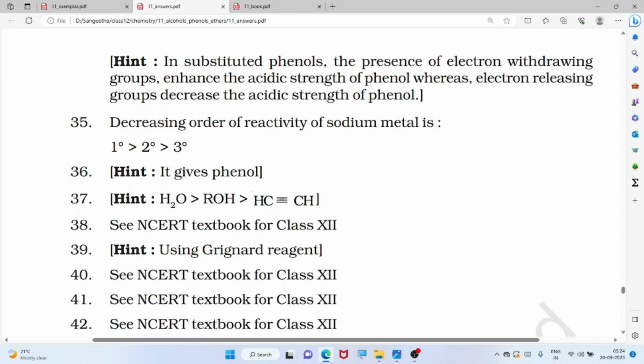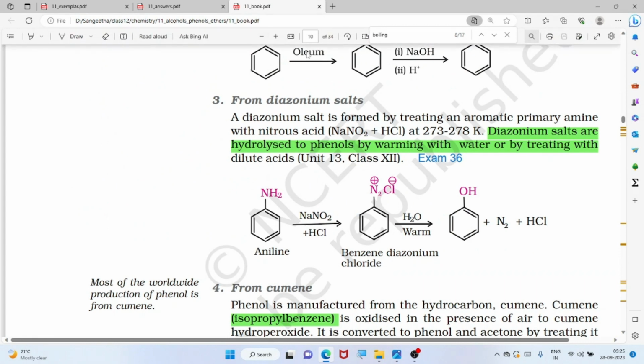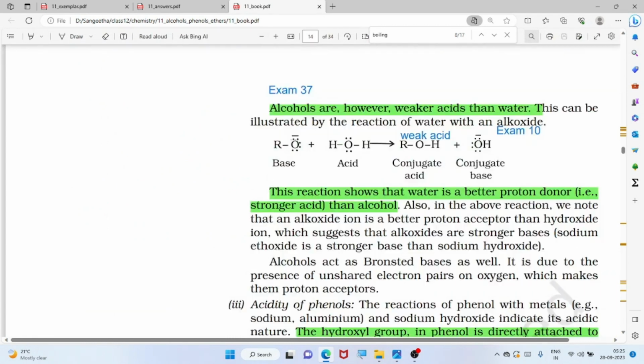Alcohol is more acidic than the alkene group because of the electronegativity being more here. Okay, water is more acidic than the alcohol.